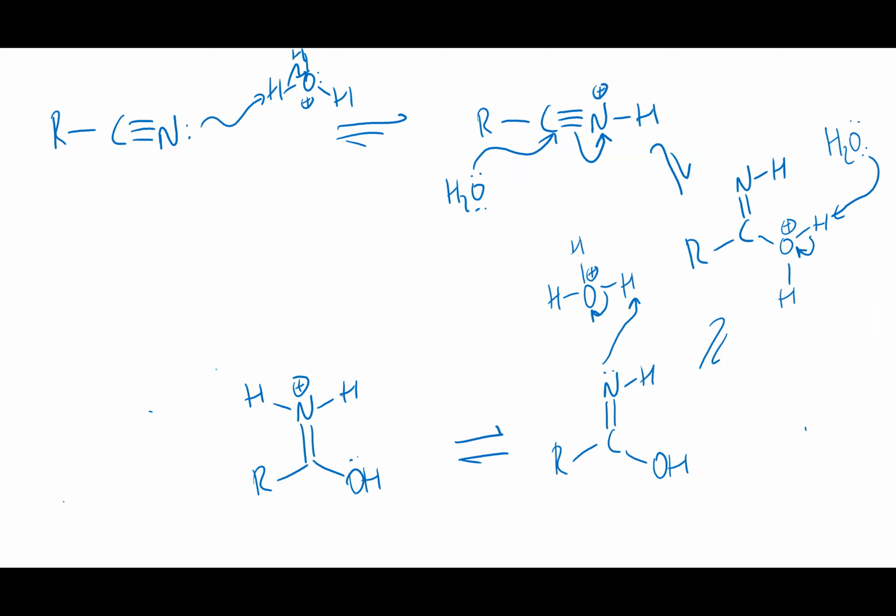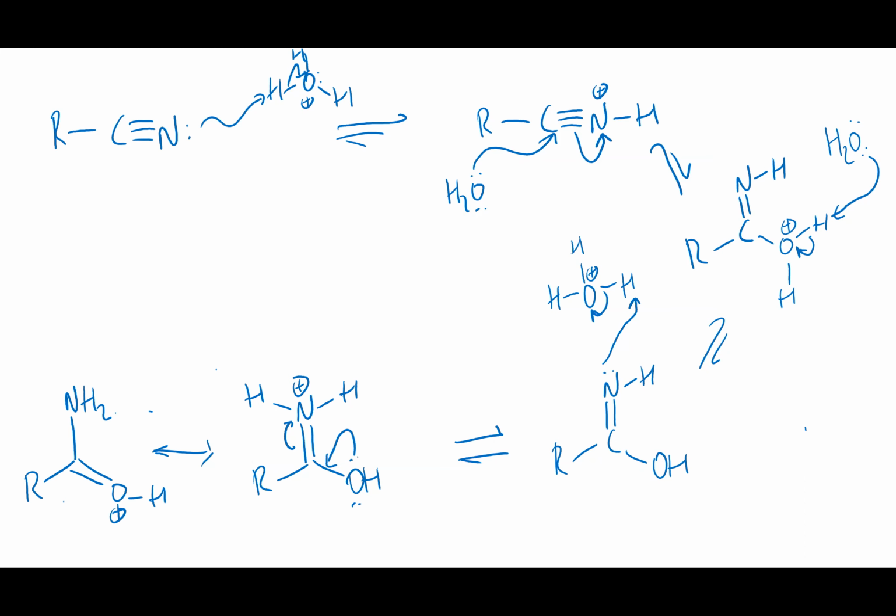And if I draw a resonance structure of this, let's see, we'll end up with a species that looks like this, which is what you get if you have an amide and you protonate it.